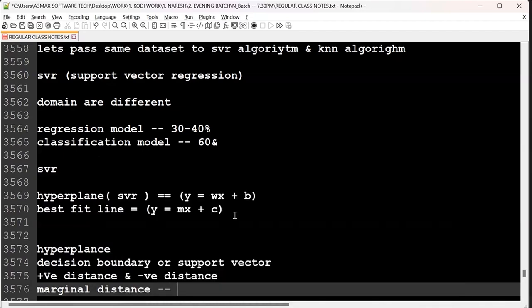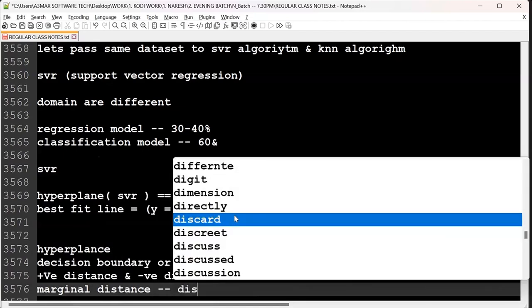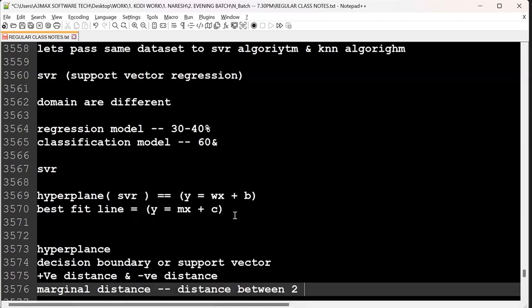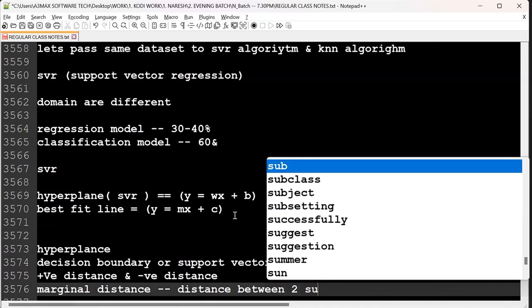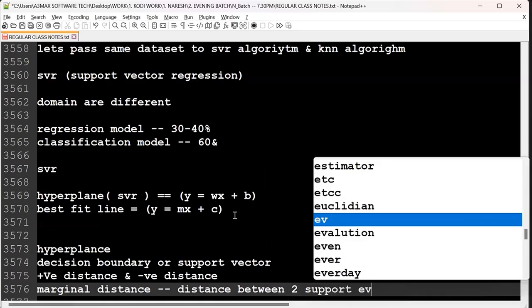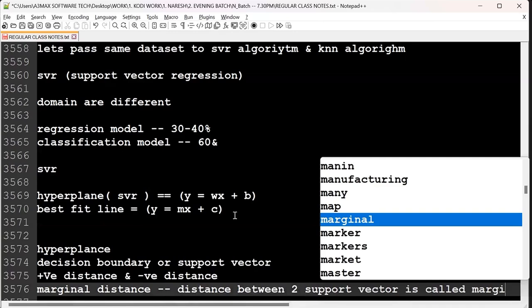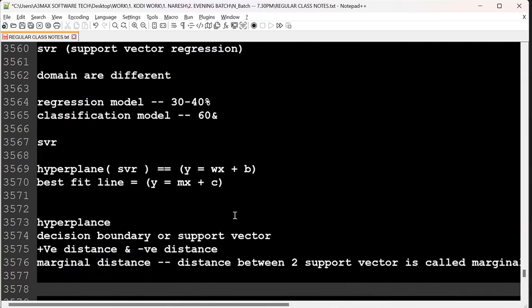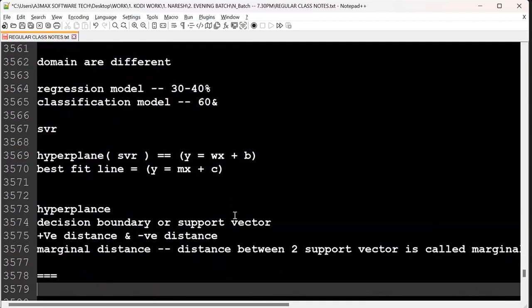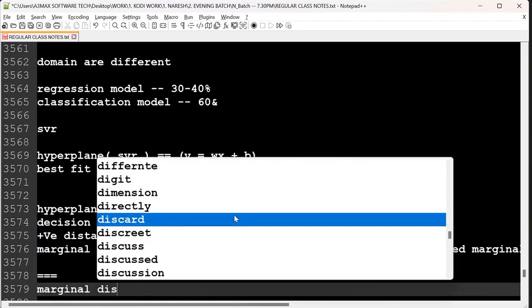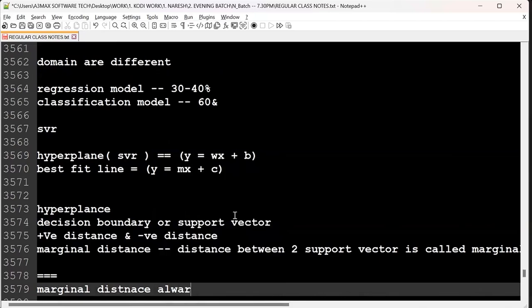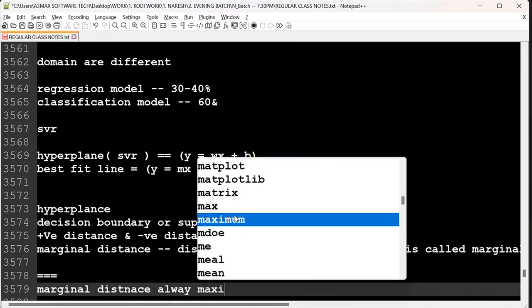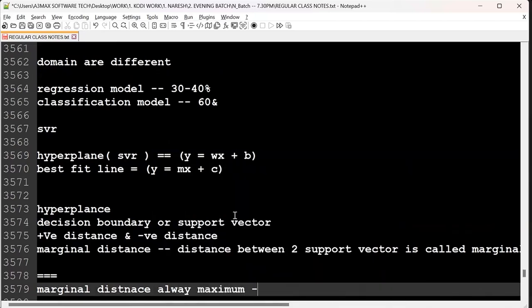What is marginal distance, guys? The distance between two support vectors is called marginal distance. Guys, are we clear? So concepts clear? Now let me tell you, the marginal distance should always be maximum. This is an interview question.